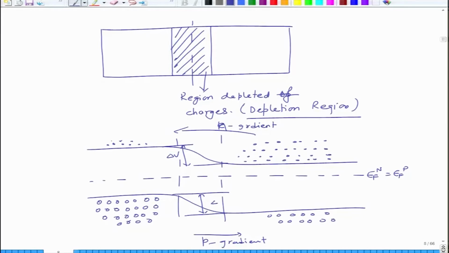So while you have an electron gradient and hole concentration gradient to drive the diffusion, the counteracting force comes from the electric field. So this delta V prevents the electron and hole flow from going further into the device.